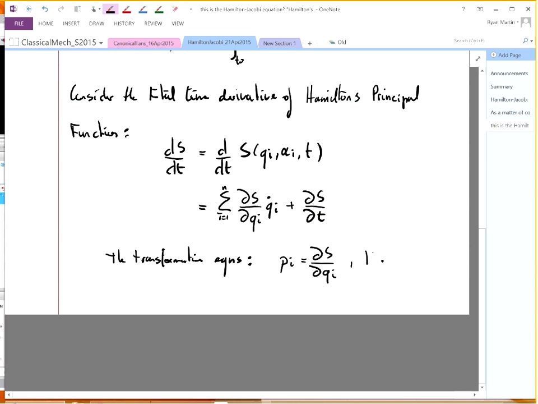And then the transformed Hamiltonian K is equal to H plus ∂S/∂t. So remember, we chose S so that K was equal to 0. So what we really have is that H, the Hamiltonian, is minus ∂S/∂t.